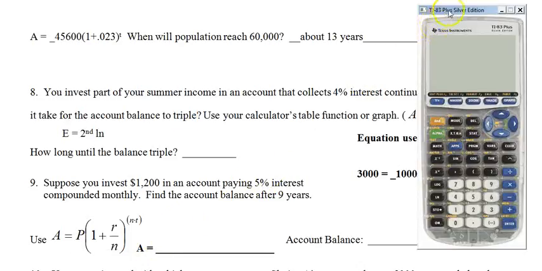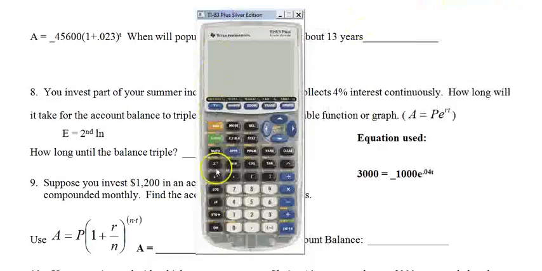I'll bust out my calculator. I'm going to type in what's on the right side of my equation, the part where the 1,000 is at. So 1,000, E again, which is second, ln, 0.04.